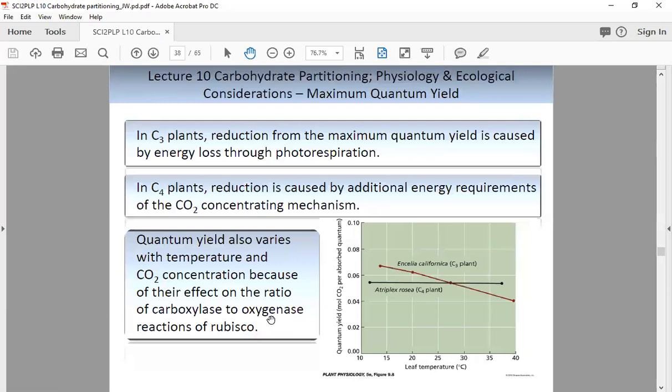So below 30 degrees Celsius, quantum yields of C3 plants are higher than those of C4 plants, and we can see that in this graph here. So this graph is illustrating quantum yield of photosynthesis in a C3 plant, represented by this red line, as a function of increasing leaf temperature, and a C4 plant represented by this green line here.